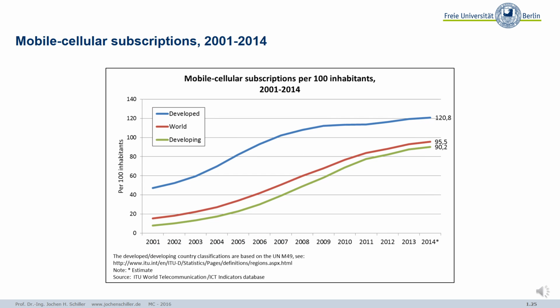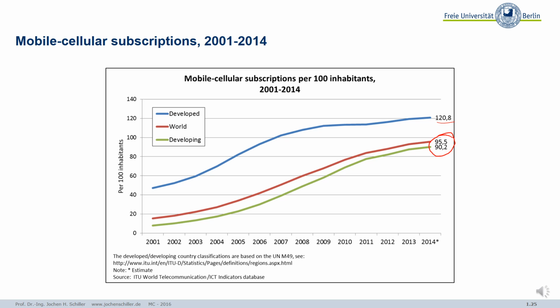Okay. Cellular subscriptions, you see, which is quite interesting, is the increase also in the so-called developing countries. The definition of this you will find using the URLs. If you see in the developing countries, the penetration, this again is the penetration, it's close to the world average, 90 to 95%. In the so-called developed countries, it's 120%. So this is why I say it's the tool for communication all over the world, not the fixed networks.